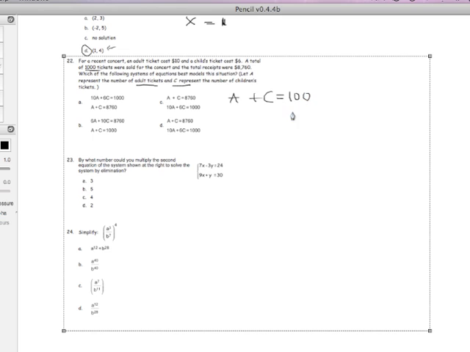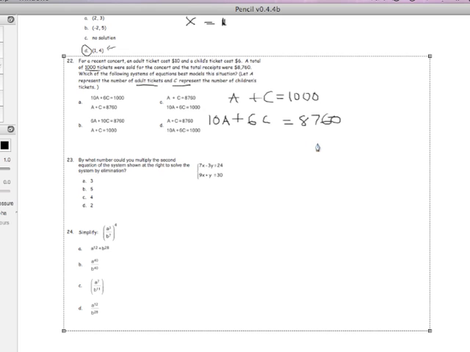And how much money was brought in? 8,760. And if A adult tickets were sold, $10 times A is the amount of money they got for the adult tickets, and $6 per child ticket. Well, this expression 10A plus 6C better equal 8760.